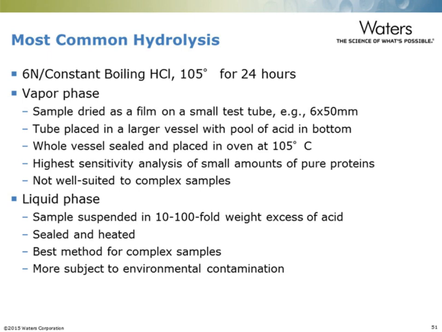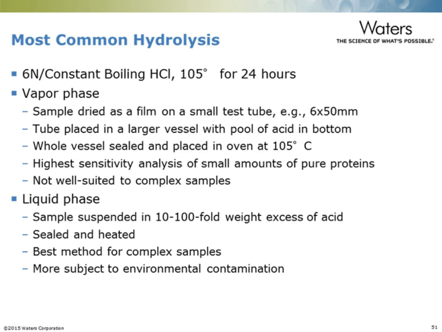If the samples are complex, the vapors of the HCl do not penetrate the solid surface of the complex samples and may not provide a sufficient excess of acid to complete the hydrolysis. In that case, we would return to the classic liquid phase hydrolysis, where the sample is suspended in a 10 or 100-fold weight excess of acid.